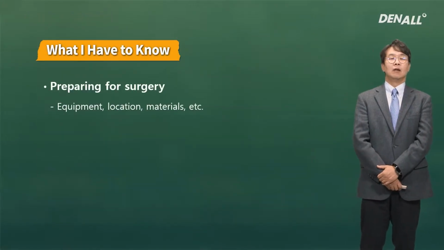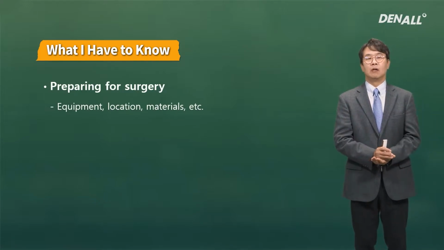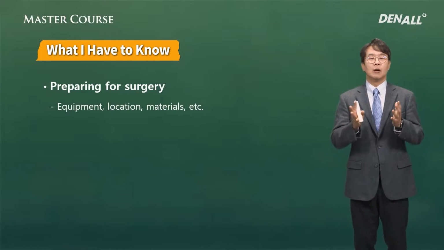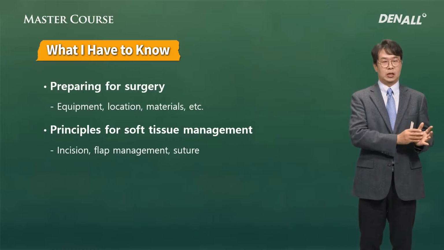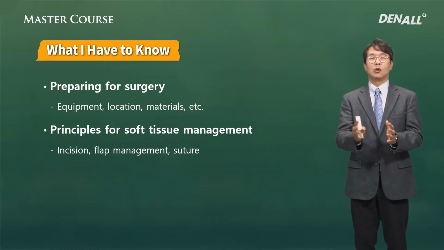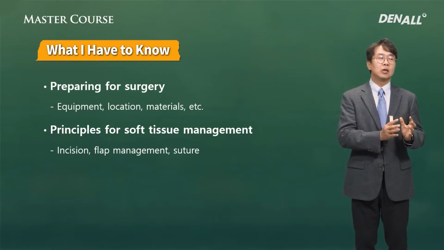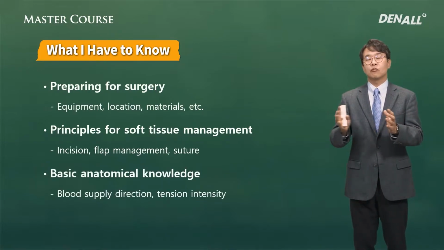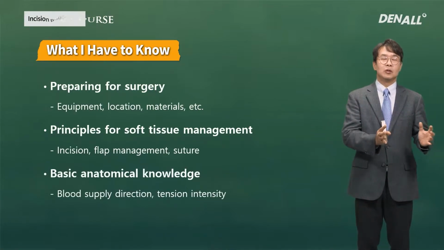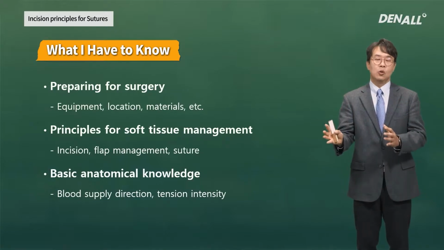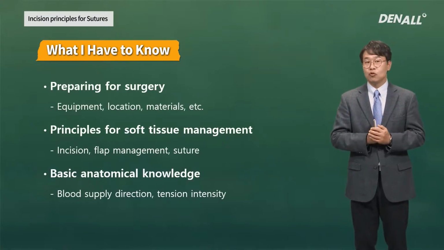First, what do I have to know? What I have to know is preparation for surgery and the principles for soft tissue management. For soft tissue management, we need basic anatomical knowledge in order to derive the outcome that we want.